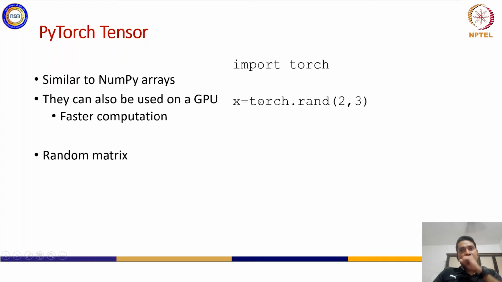So x is equal to torch.rand. A random 2 by 3 matrix will be generated, which will be used as a tensor. So x is a tensor of 2 by 3 dimension. So it has 2 dimensions. One is 2, and the size of the other dimension is 3.